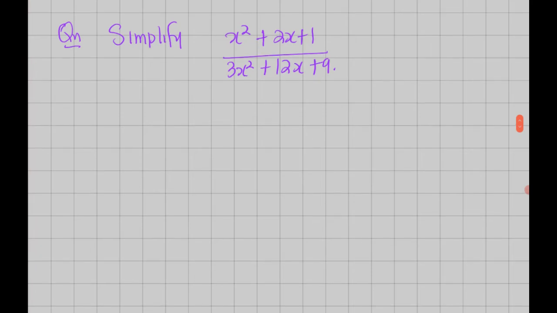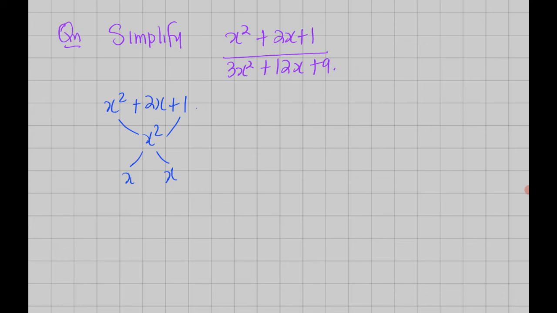We say simplify x squared plus 2x plus 1 over 3x squared plus 12x plus 9. In this one, you have to factorize the quadratic expressions in the numerator and the denominator. So x squared plus 2x plus 1, right? We need two numbers which, when we multiply them, we get x squared, and when you add them, we get 2x.